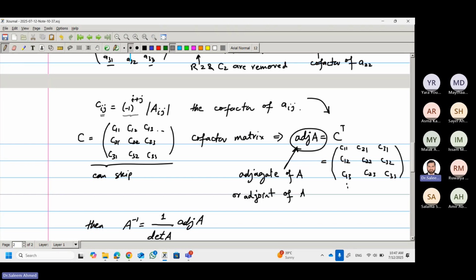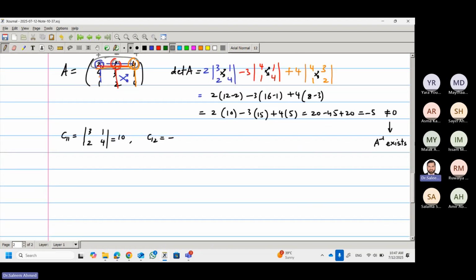Whenever i plus j is odd, you get minus; when even, you get plus. So that's why C11 gets plus: 1 plus 1 is equal to 2, even. 1 plus 2 is 3, odd, so you get a minus sign. Just remember that. Now for the second one, 4114.